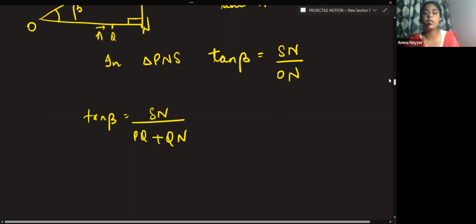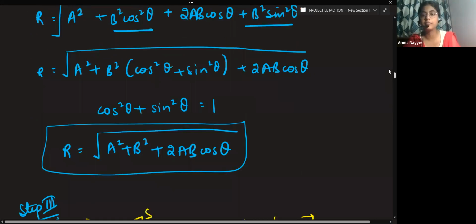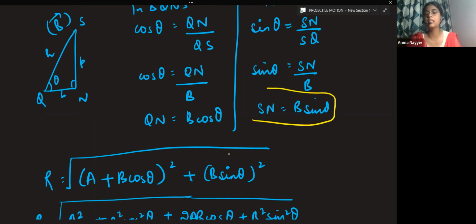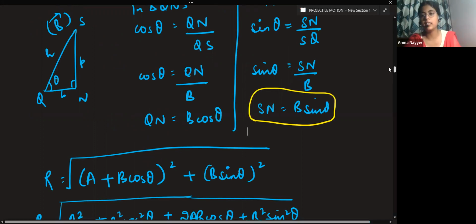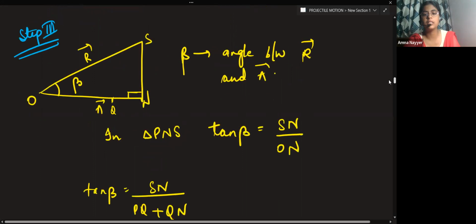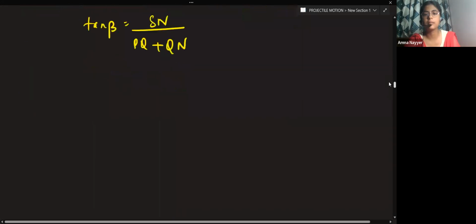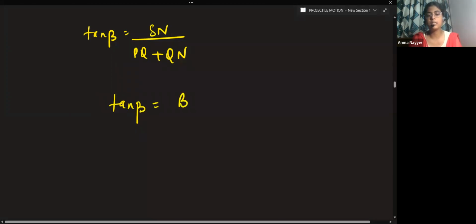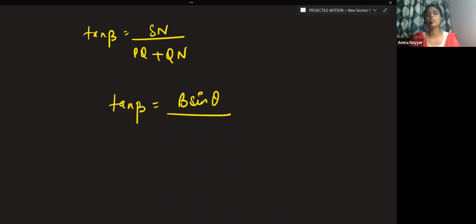SN came out to be what? B sine theta. Remember? Here, SN came out to be B sine theta. So SN in this formula can be written as B sine theta.